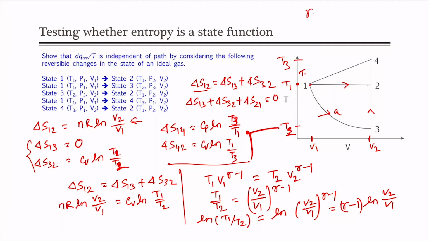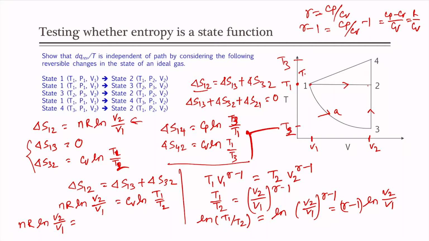And what is gamma minus 1? Gamma is Cp by Cv, so gamma minus 1 is Cp by Cv minus 1, which is Cp minus Cv by Cv, which is R by Cv. So, NR ln V2 by V1 is equal to, if I multiply by Cv on the left hand side, I have to multiply by Cv on the right hand side.